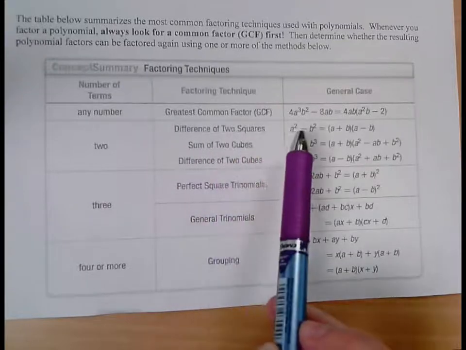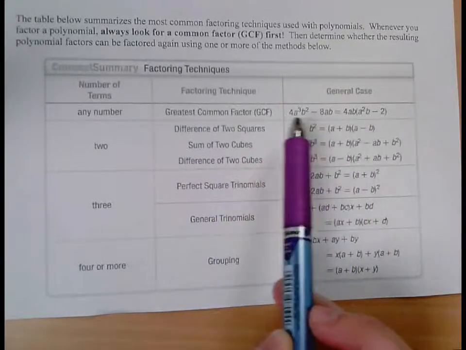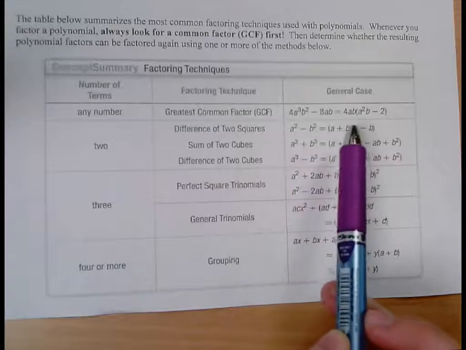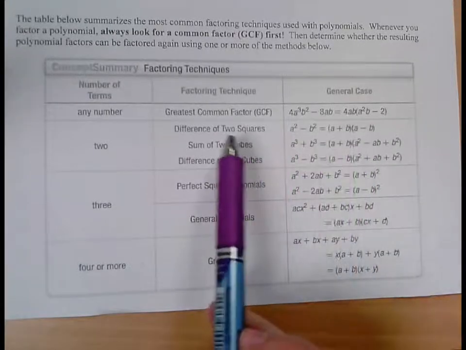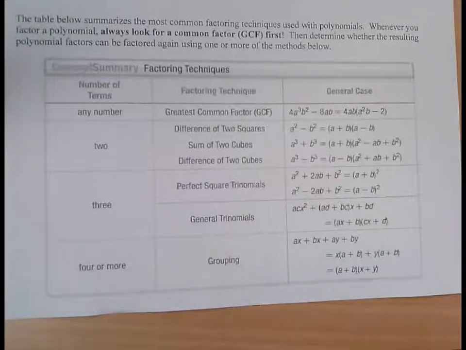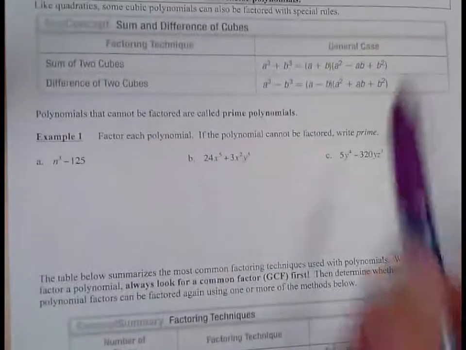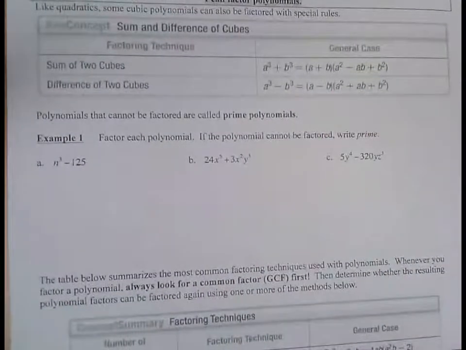When you have something of the form a squared minus b squared, it factors to a plus b times a minus b. So sums or differences of two perfect cubes is a similar idea. You don't have to memorize either of these, but you have to know how to use them.